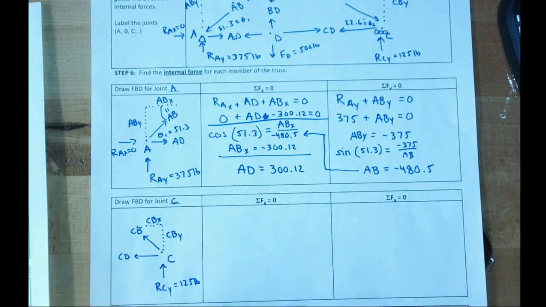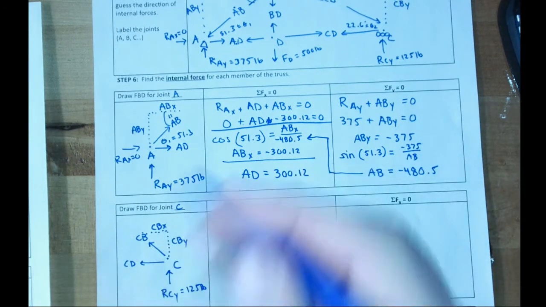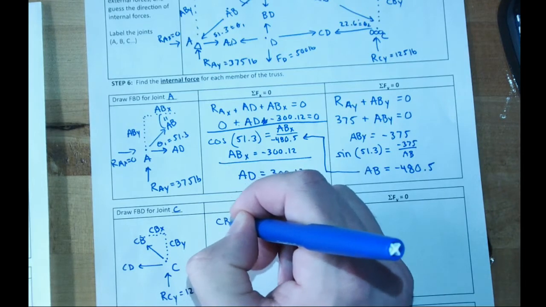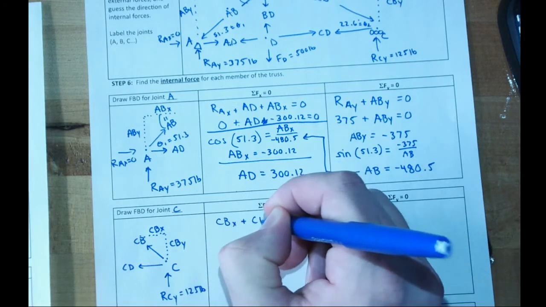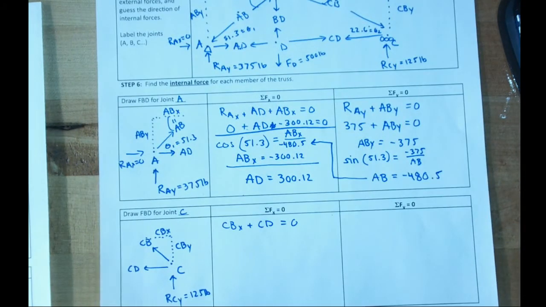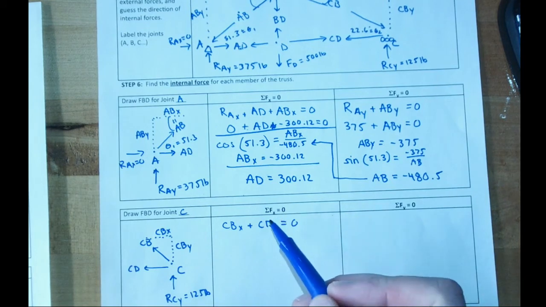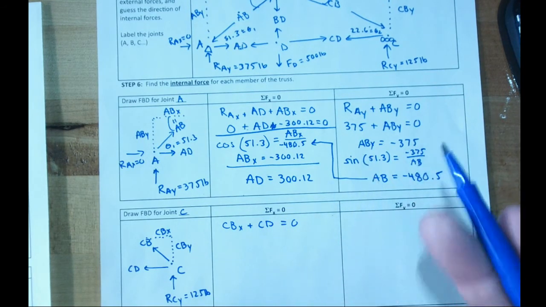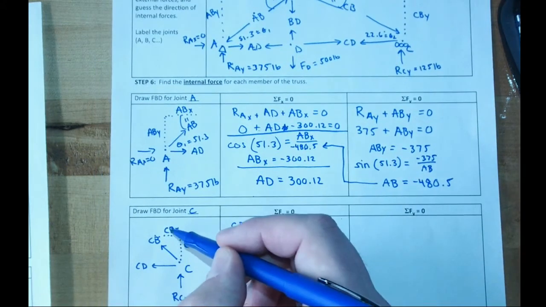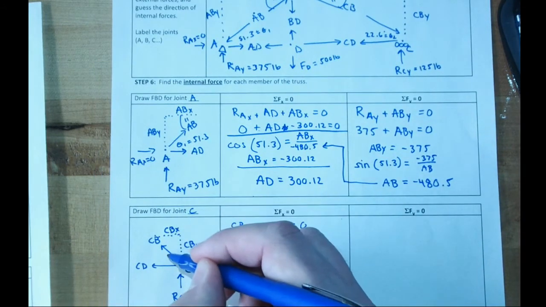So from there, you have your x's. In the x direction in this case, we only have CBX plus CD, and they're all going to be equal to 0. Same thing here. If we're trying to solve for CD in this case, or CB, it doesn't really matter. We can try and solve for CBX first. CBX is going to be, sorry, I forgot the theta here.